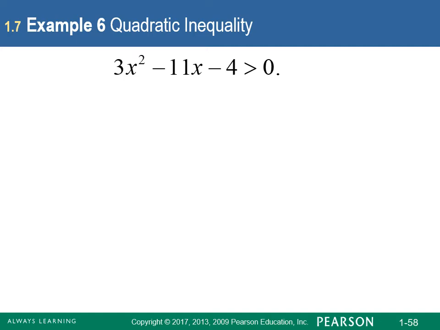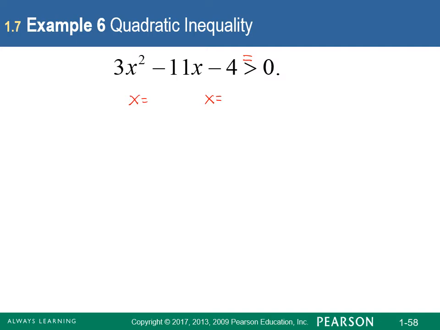Now, since we've already done quadratic equations numerous times, I'm simply going to say, just like with the first one, if this were an equals, I would solve the quadratic equation 3x squared minus 11x minus 4 equals 0.